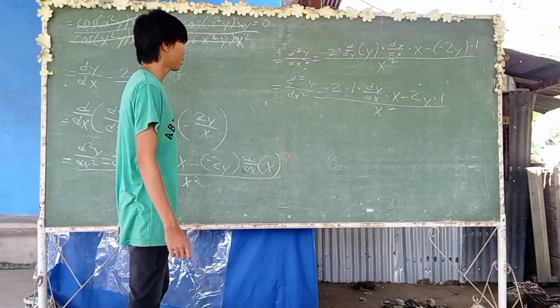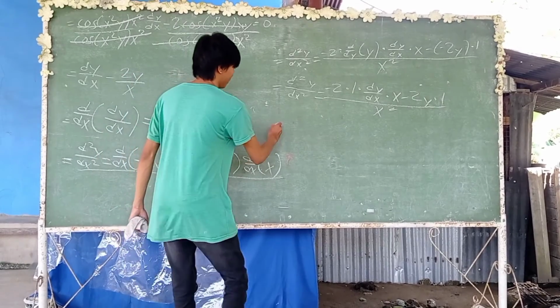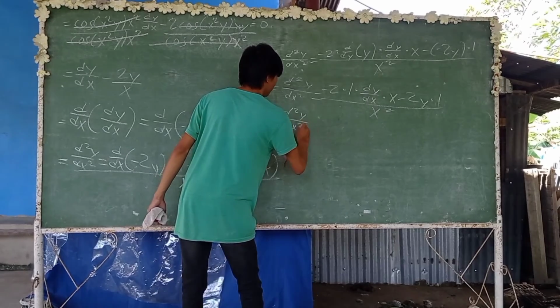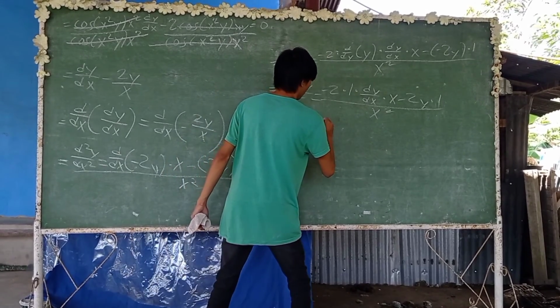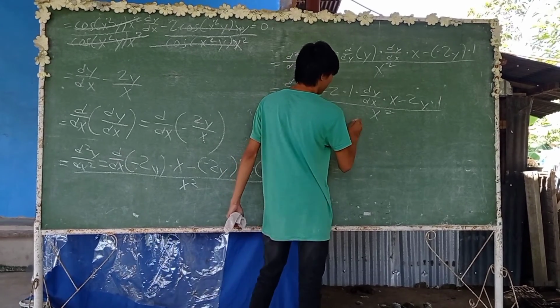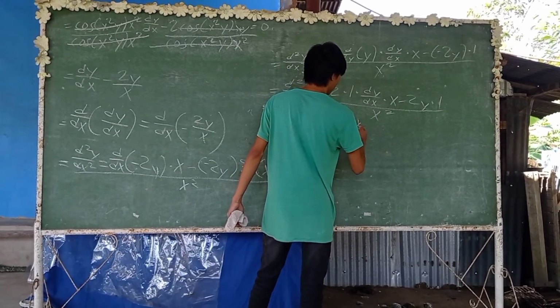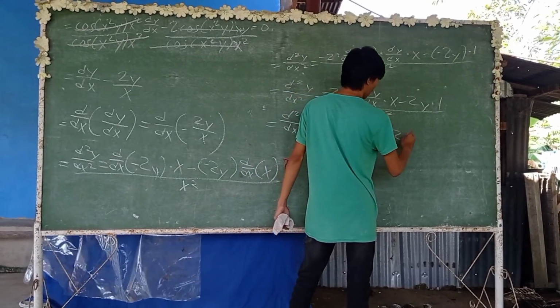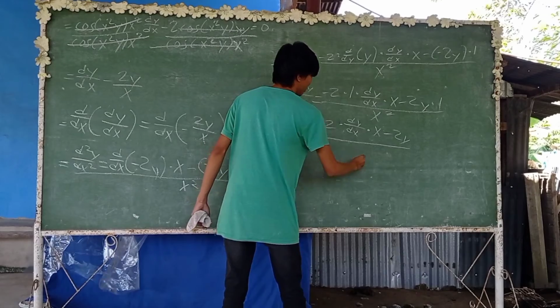Then the next process is simplify again. So d squared y over dx squared is equal to negative 2 times dy over dx times x minus 2y over x squared.